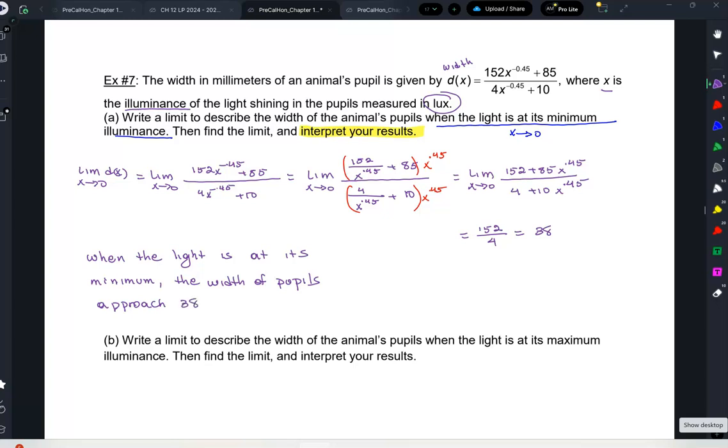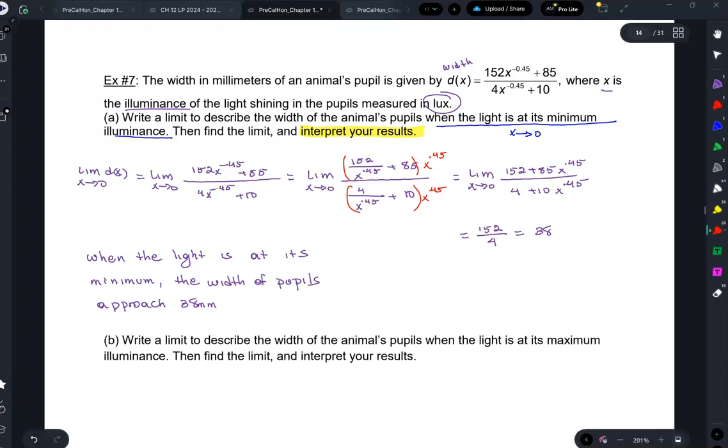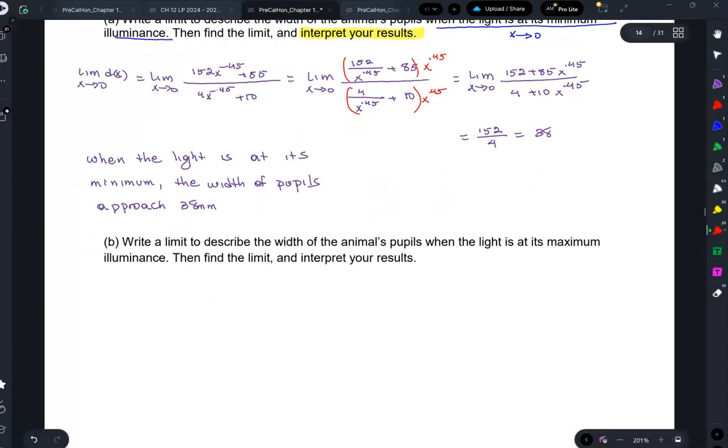And what are the units? Millimeters. What have we found, x or d? d. We found d. So d is the width in millimeters of an animal's pupil.